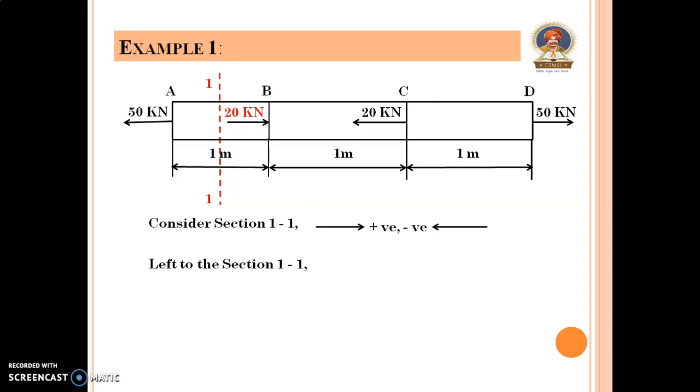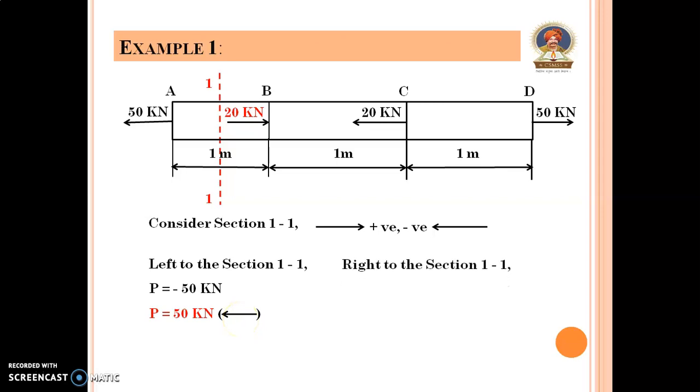In left section there is only one force, that is 50, and this 50 is moved towards left side, so it is taken as minus 50. So P is equal to 50 kilonewton and this sign indicates the force is moved towards left side.